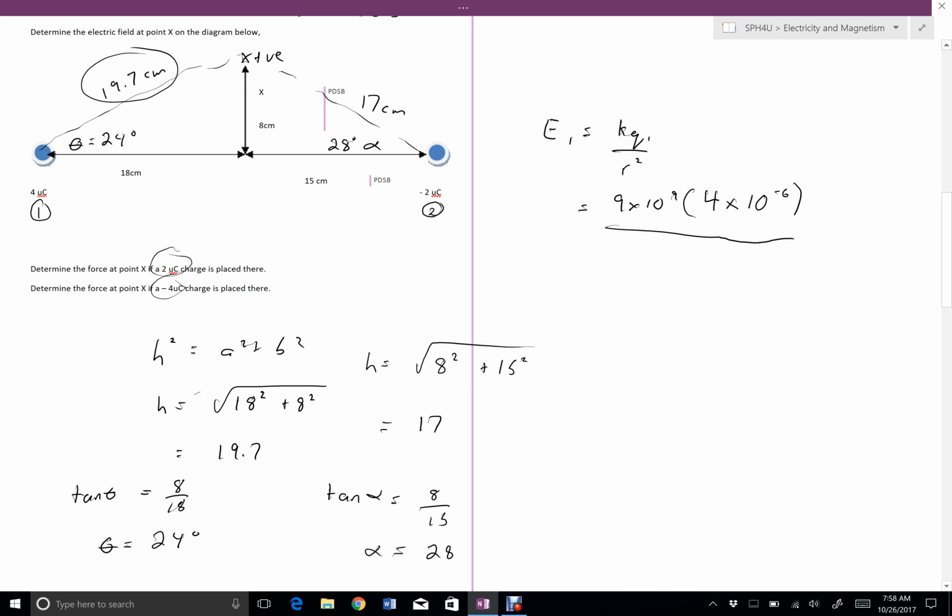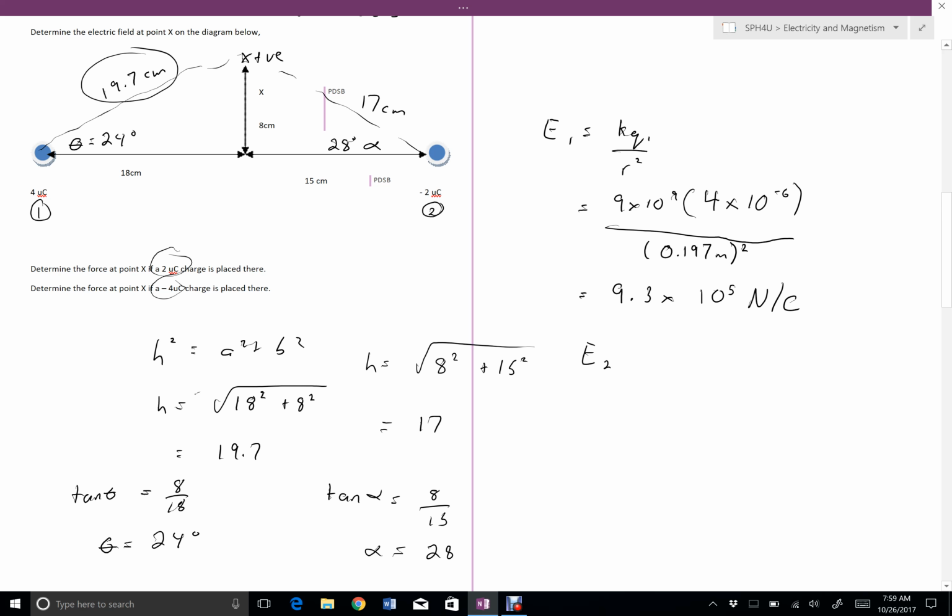Remember, when I do that separation distance, I have to put it into meters. So 19.7 centimeters is 0.197 meters squared. So the magnitude of the electric field generated from charge 1 is, in scientific notation, 9.3 times 10 to the 5 newtons per coulomb, or amount of force per unit charge.